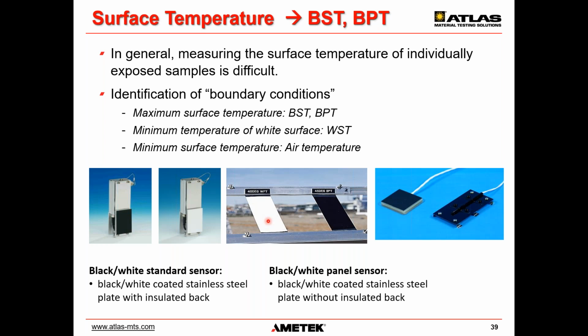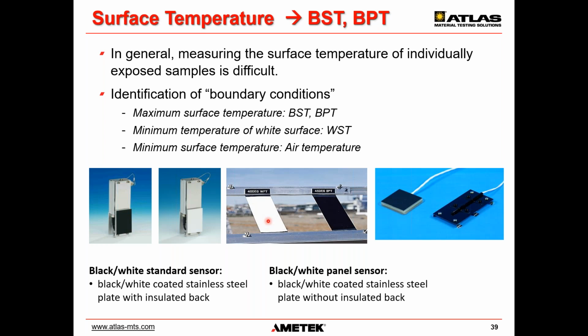The problem is the surface temperature also depends on the airflow, the wind speed, and the environmental conditions, not only on the irradiance and the surrounding air temperature. So there's unfortunately not a fixed difference between the black panel and the black standard temperature.